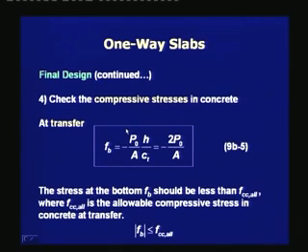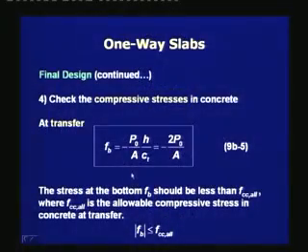In the fourth step, we check the compressive stresses in concrete. At transfer, the stress at the bottom FB is equal to minus P0 by A, which is the average stress, times H divided by CT. This is equal to minus 2 P0 by A, because H is equal to 2 times CT.